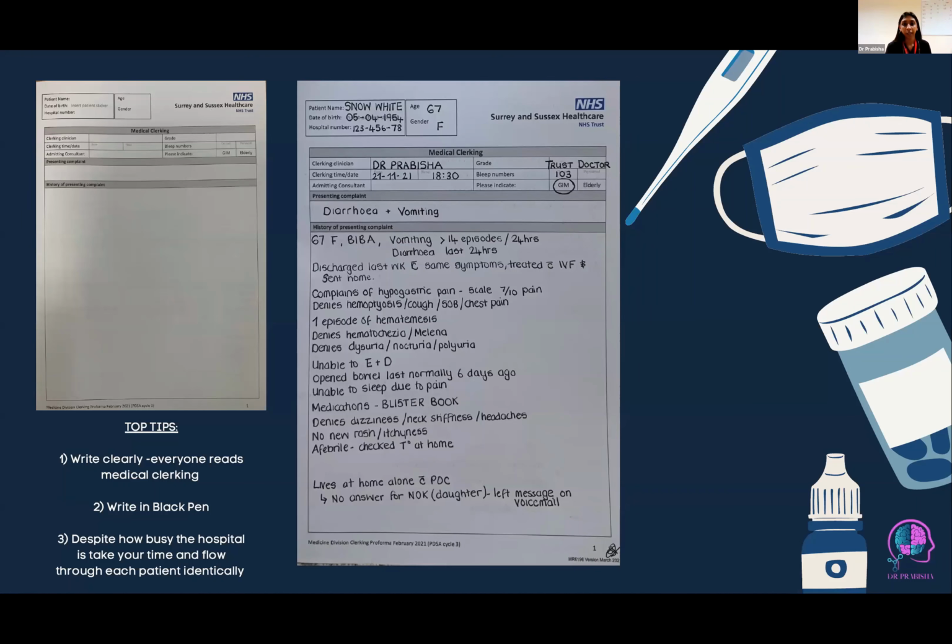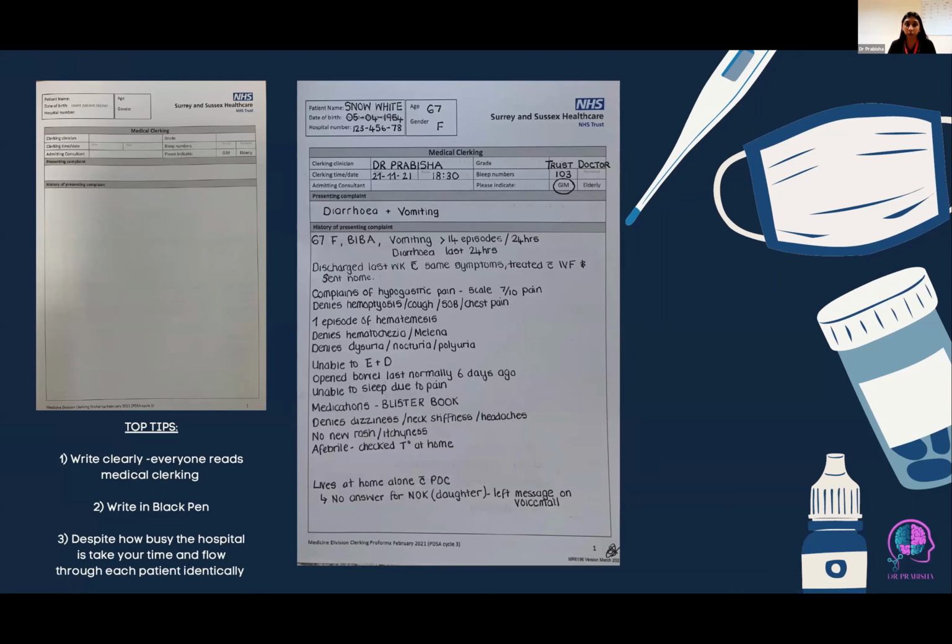Then you write your grade, a contact number if you carry a bleep or extension, and then we say, are they GIM, so general internal medicine, or elderly? If they're below 75, they're GIM. If they're older than 75, they're elderly. So what is the main presenting complaint? You always ask the patient, what brought you into hospital?